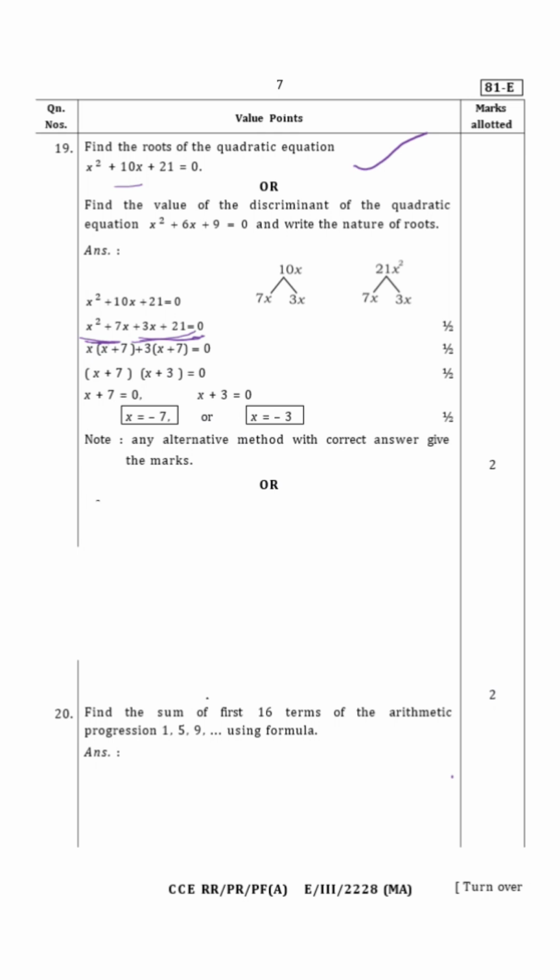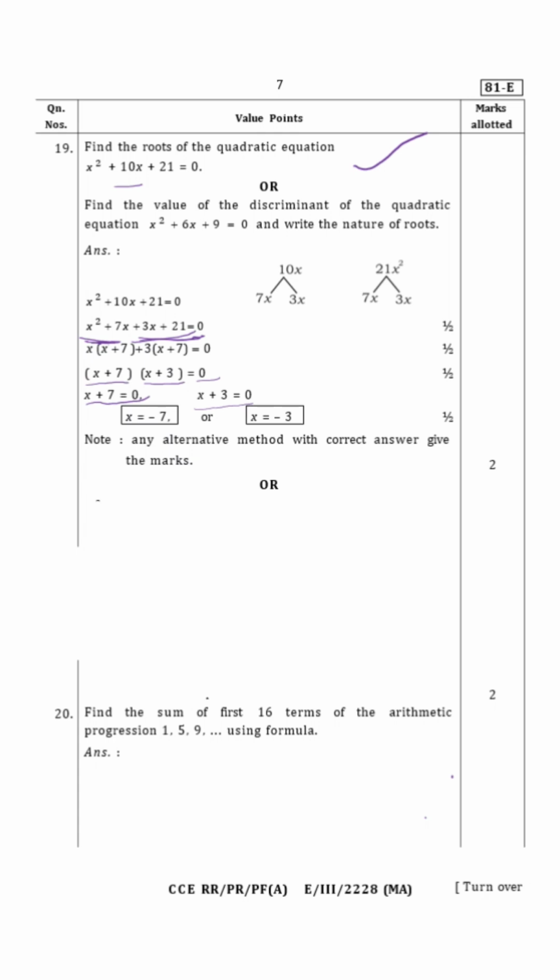So now we can write x plus 7 into x plus 3 is equal to 0. So x plus 7 is equal to 0 or x plus 3 is equal to 0. Since x plus 7 is equal to 0, x is equal to negative 7. Since x plus 3 is equal to 0, x is equal to negative 3.